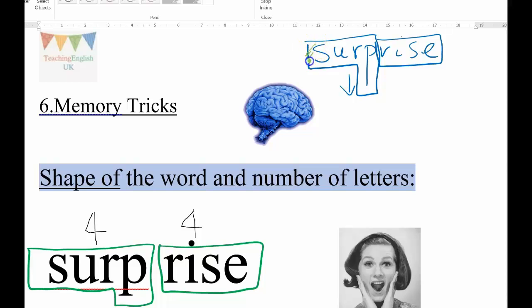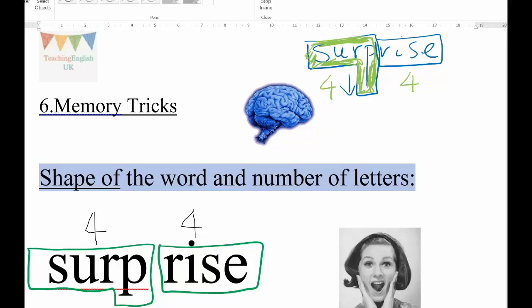I could colour around this first part to help me remember it. I'm sure your colouring's better than mine. And the other thing we can do again is count the letters. So there's 4 letters in the first part of surprise, 4 letters in the second half.